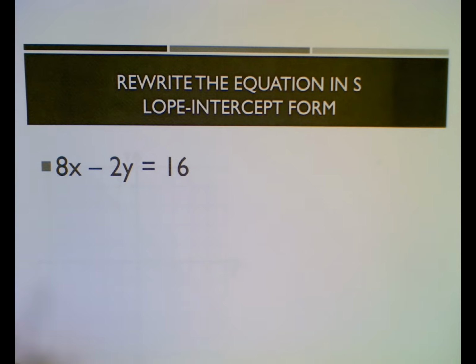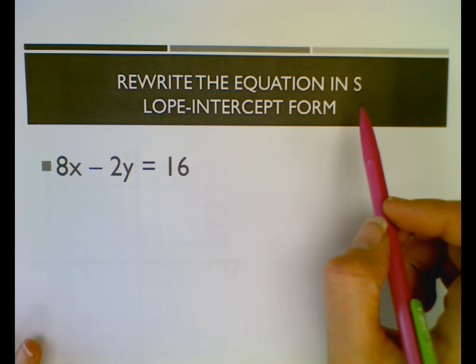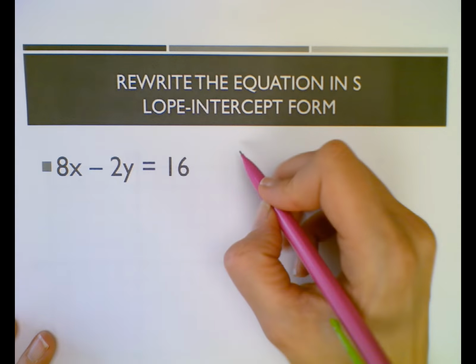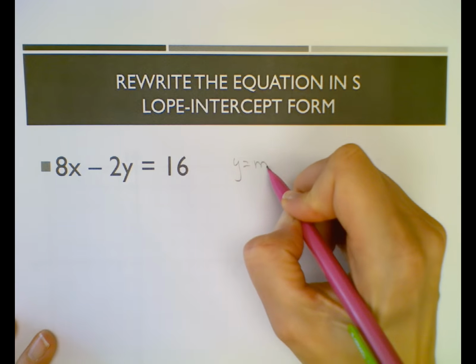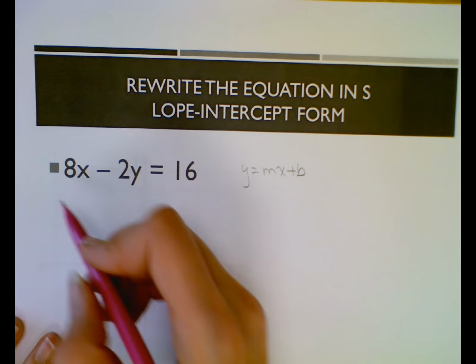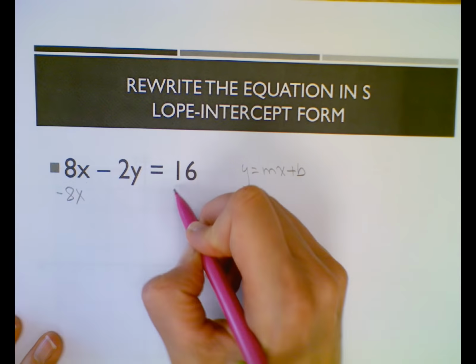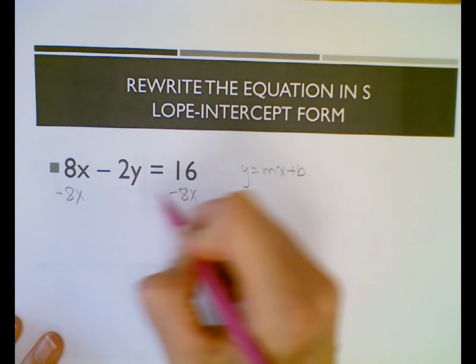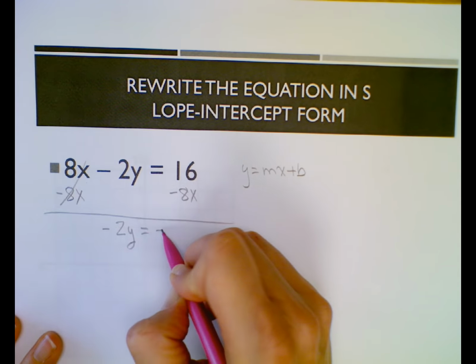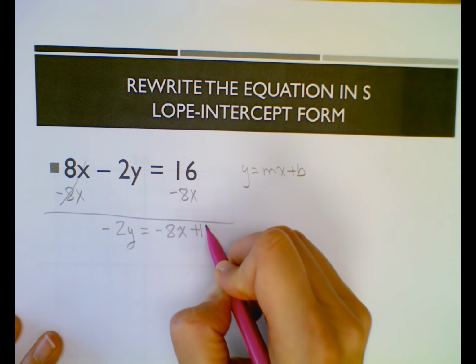Rewrite the equation in slope-intercept form. So here we're starting in standard, and we want to get to slope-intercept. Remember, y equals mx plus b. So essentially, we're just going to resolve this for y. So I just need to take 8x away from both sides. That gives me negative 2y equals negative 8x plus 16.